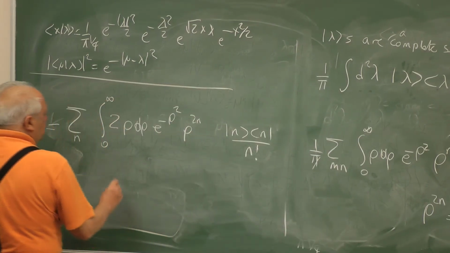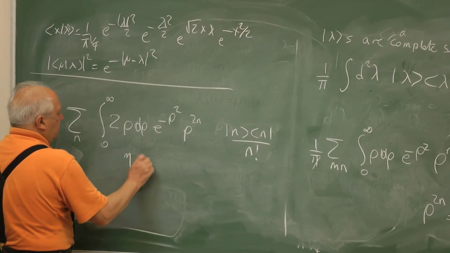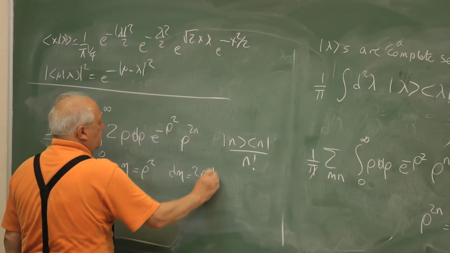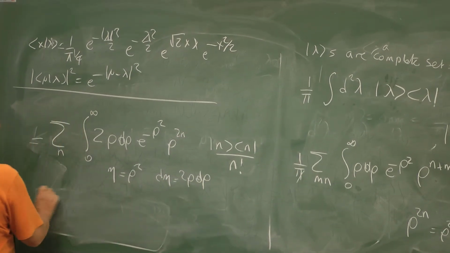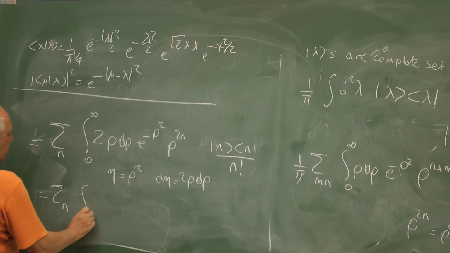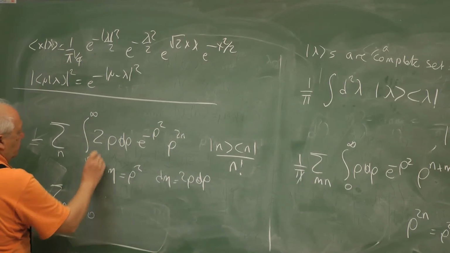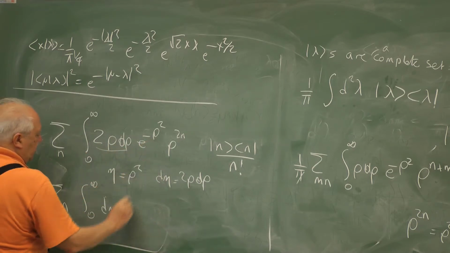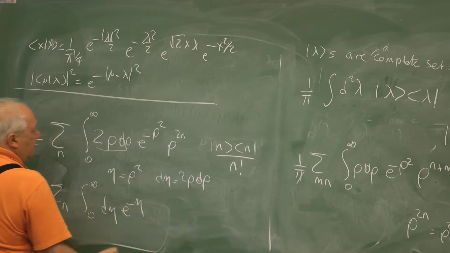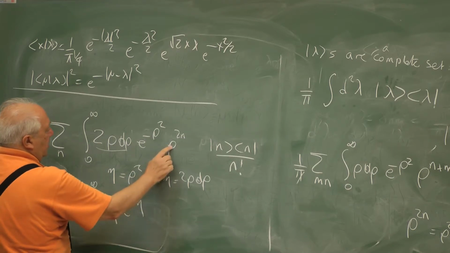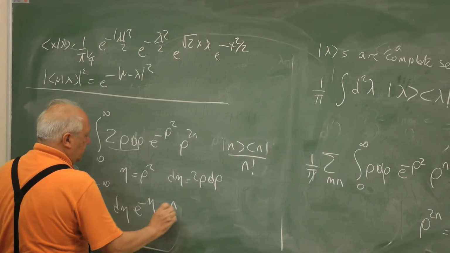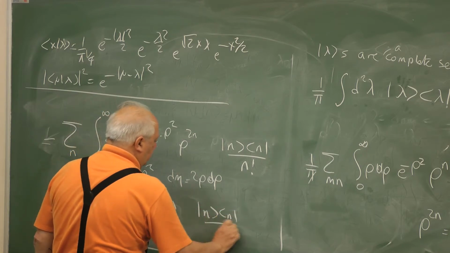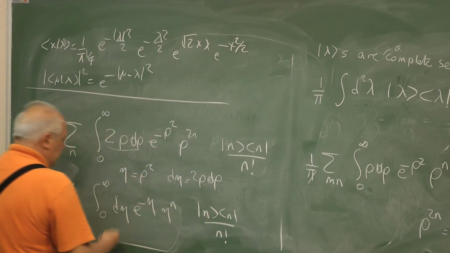Let me just define a new integration variable, eta being rho square. So d eta is 2 rho d rho. So this is sum over n, 0 to infinity, d eta, e to the minus eta, eta to the n times n over n factorial. But this is a famous integral.